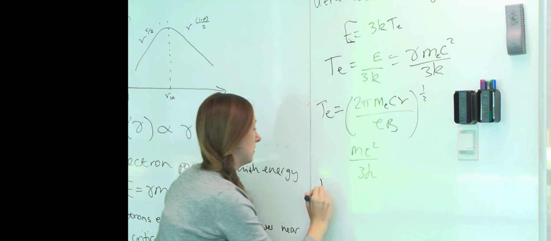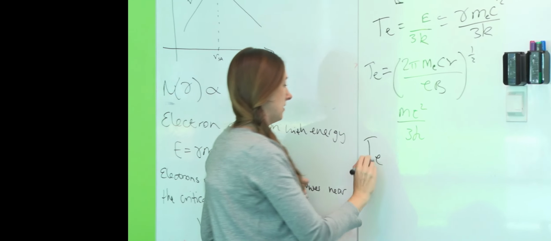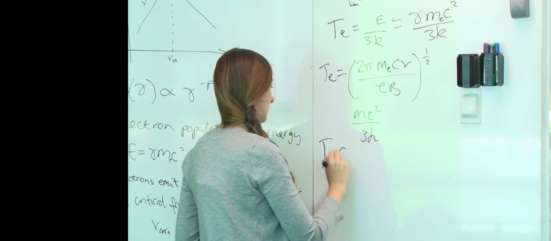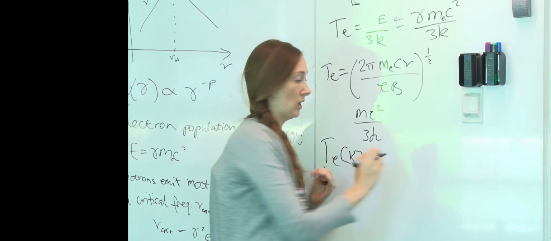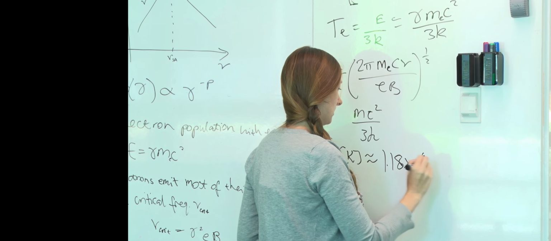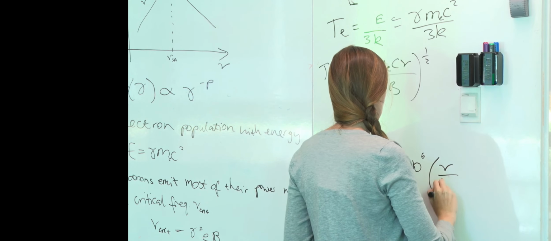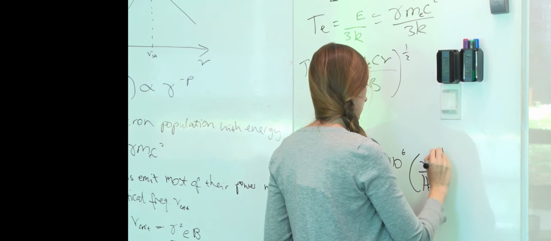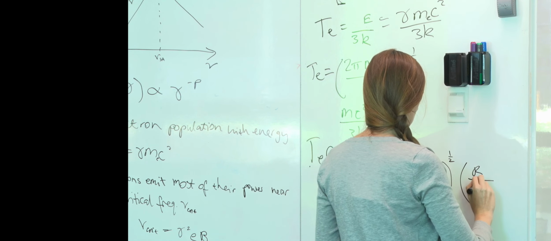Okay, and so if we sub in all the constants and approximate quantities, this in units of Kelvin is approximately 10 to the 8, times the frequency square rooted, and the magnetic field to the minus a half.